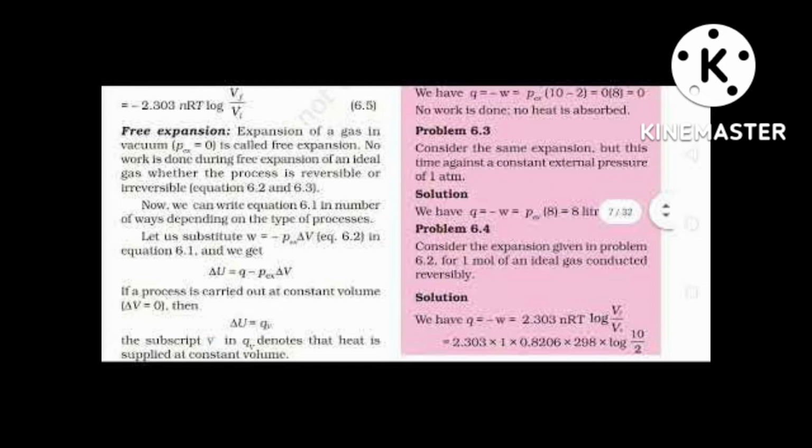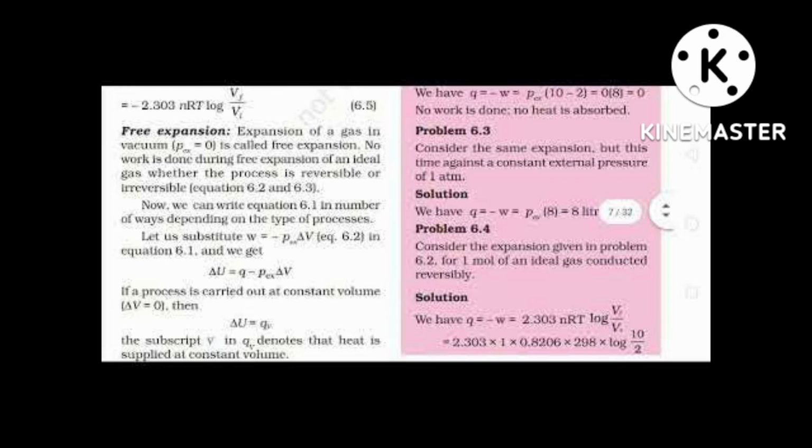Work has been done, so heat has been absorbed. The relation is there in both Q and W. Q is equal to minus W, and minus W means you will write P into change in volume, P ΔV. Then final volume minus initial volume: final volume is 10, initial volume is 2. And how much pressure have they given?